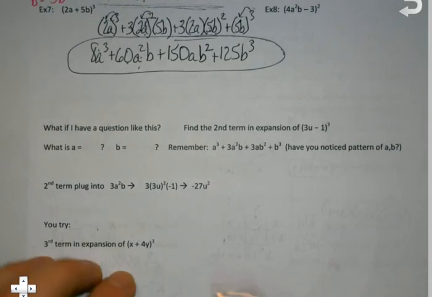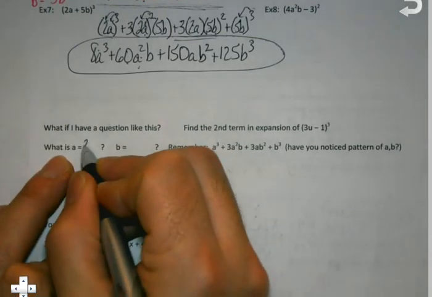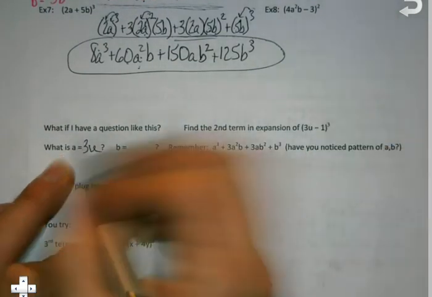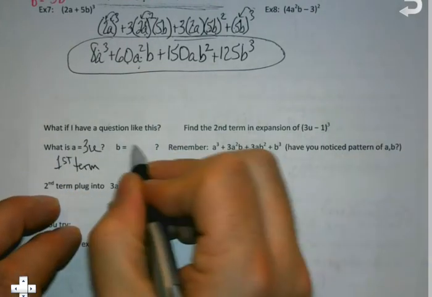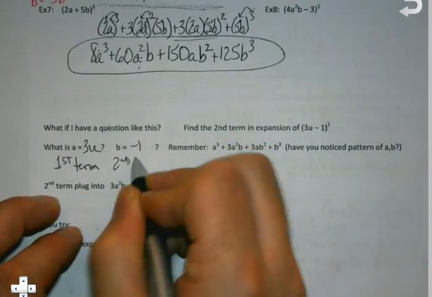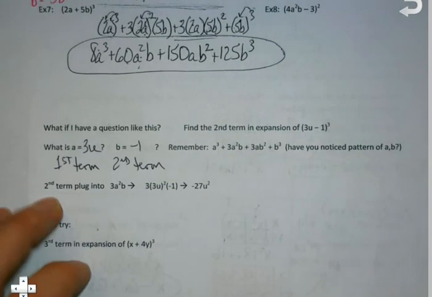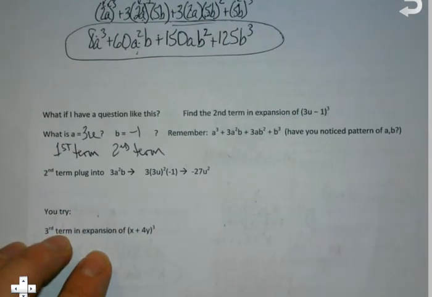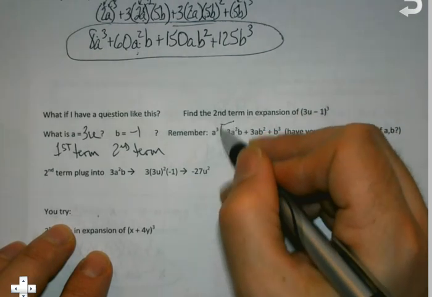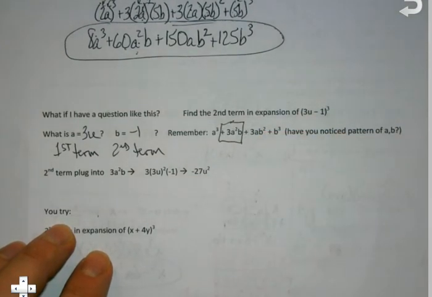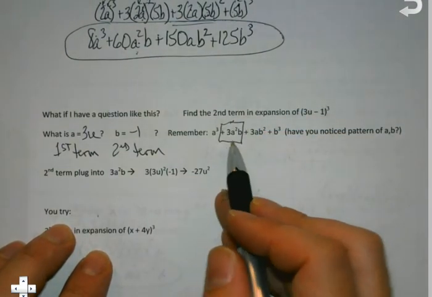For instance, here, my a value would be 3u. It's just my first term. My b value would be negative 1, or just whatever my second term is. So if I understand the pattern, if I can recreate this, all I have to do is plug the values into this. I don't have to do all of it.